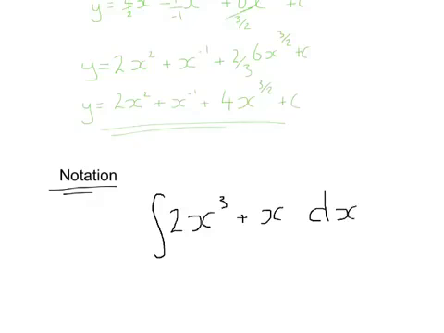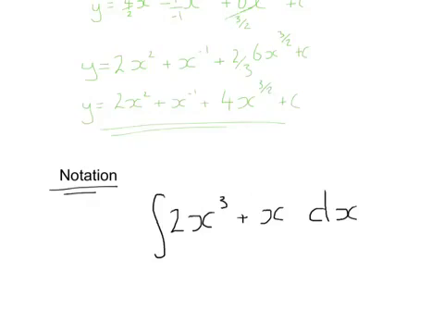This s means that we're integrating. Then we put the function, so that's what we're integrating. So we're integrating 2x cubed plus x, and this dx just means that we're integrating it with respect to x, which all that means is we're integrating the x terms, which is kind of intuitive.